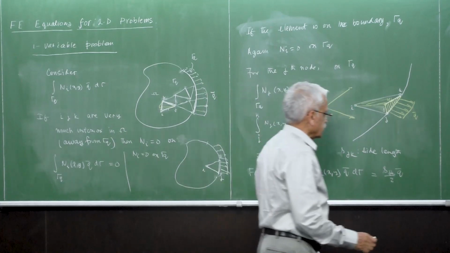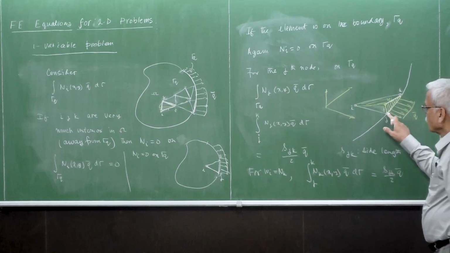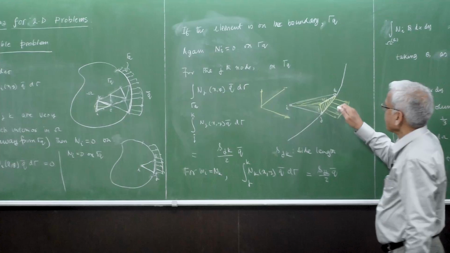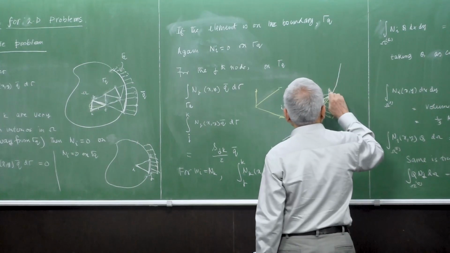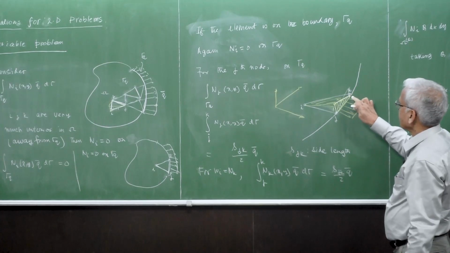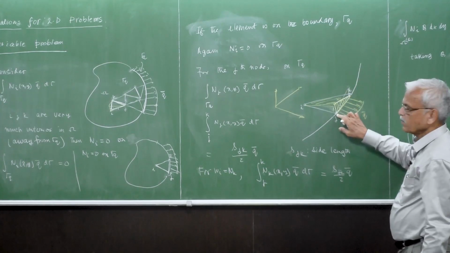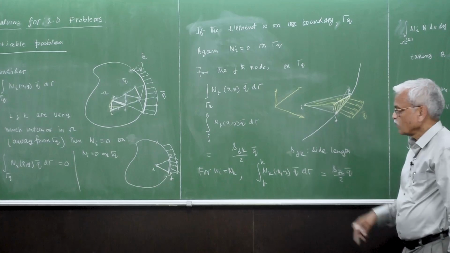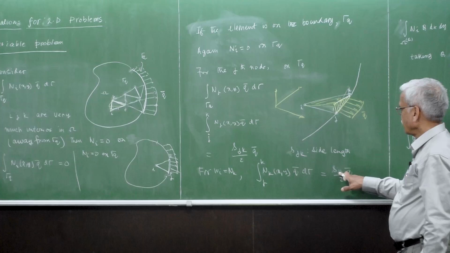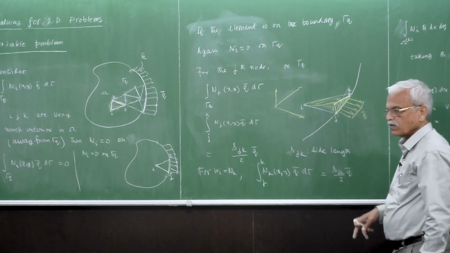So for node J, it is Sjk by 2 times q bar. For node K, it has a value of 1 at K and turns out to be 0 at the other point, so if you integrate it over Jk, it's again Sjk by 2 times q bar.